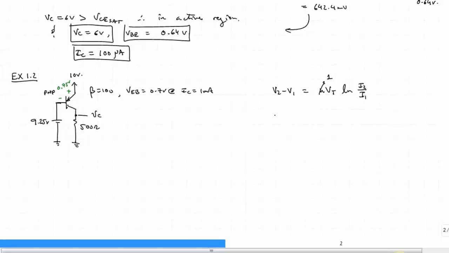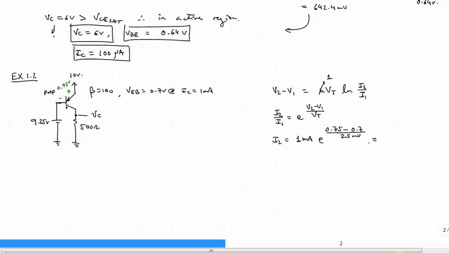Now we're going to re-express this as I2 over I1 equal to e to the V2 minus V1 over N VT. So I2 is going to be equal to I1, which here we're told again we have a 1 milliamp transistor, and so it'll be 1 milliamp times e to the, so V2, the new voltage that we have, is 0.75 volts, minus V1, the voltage that we are given, 0.7 volts, divided by 25 millivolts.